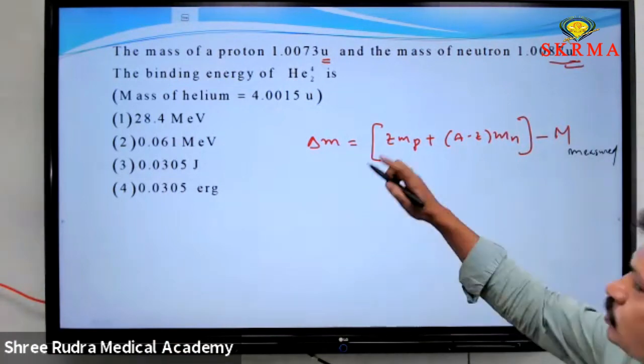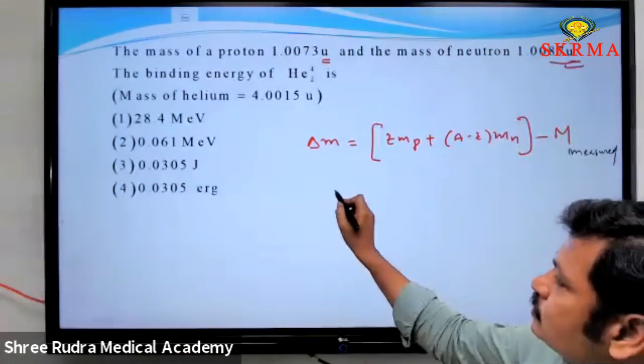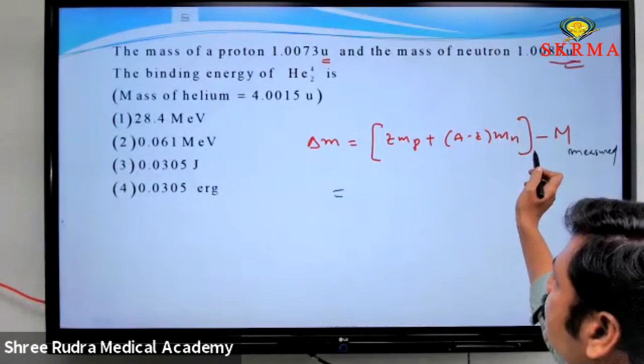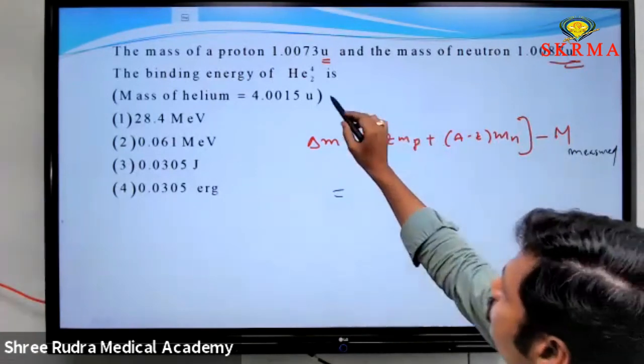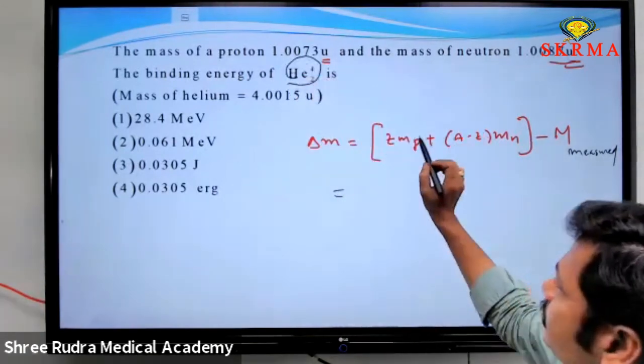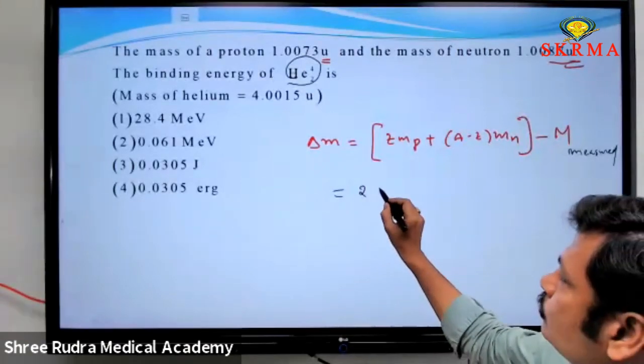If you substitute these values, ZMp plus (A minus Z) into Mn. What is the Z value of this given nucleus? The Z value is 2.